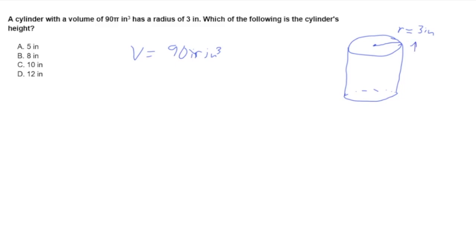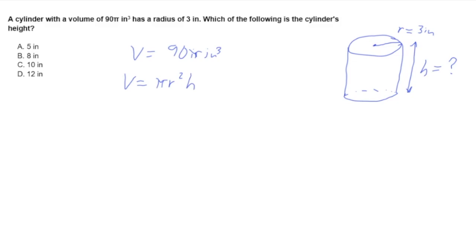And our height over here, well, we don't know what that is. That's what we're trying to solve for. So let's review our formula for volume, and let's see where we go from there. So to get the volume of a cylinder, it's pi times the radius squared times the height.